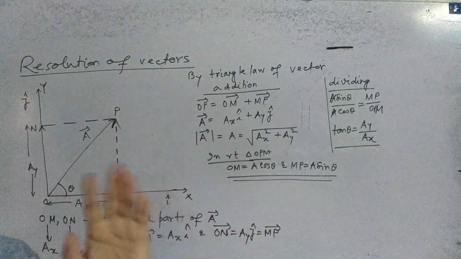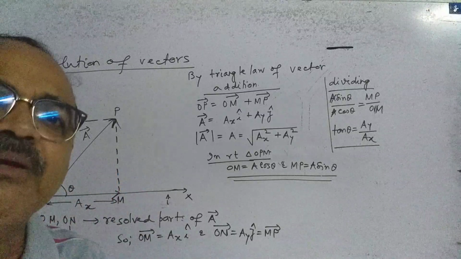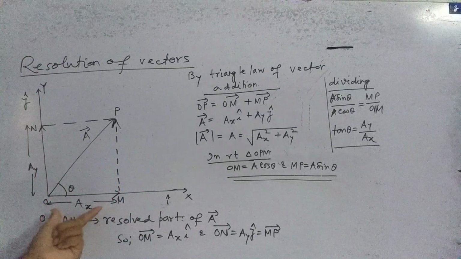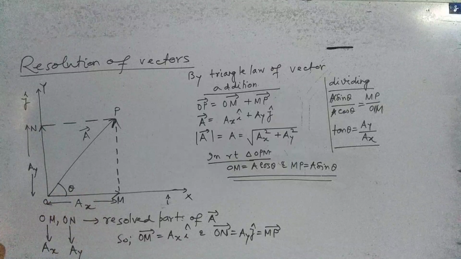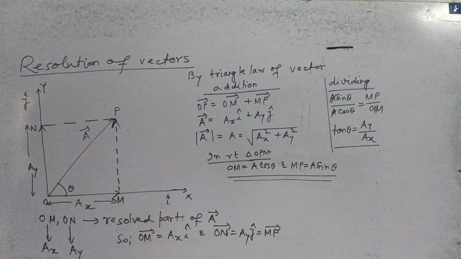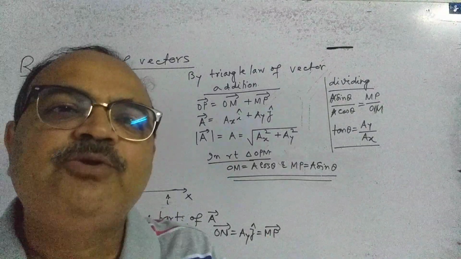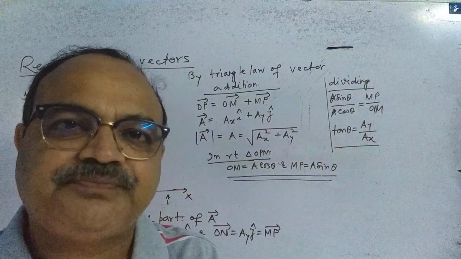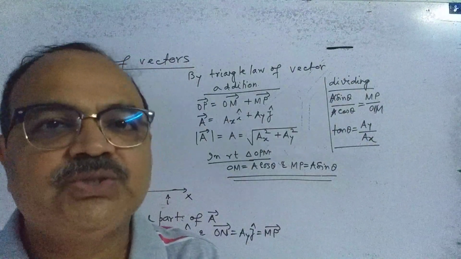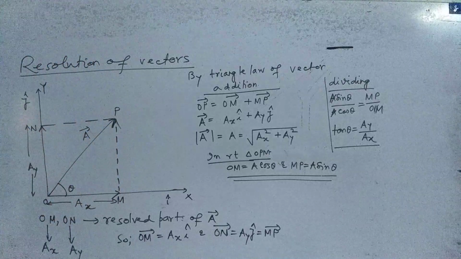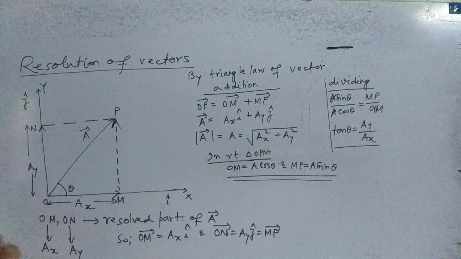This is called resolution of vectors. Resolution means these parts are called the resolved parts or components. The vector has been broken into its parts. Understood? So this is regarding the resolution of vectors in two dimensions.